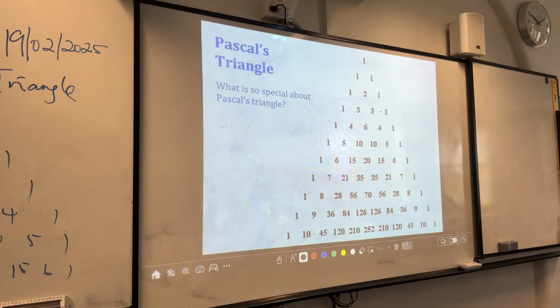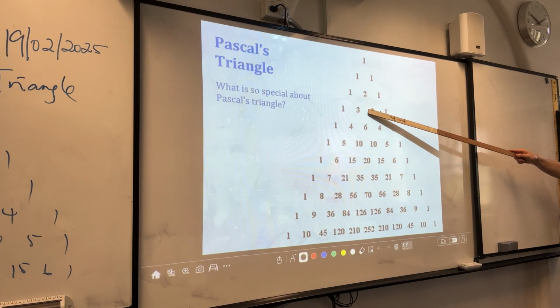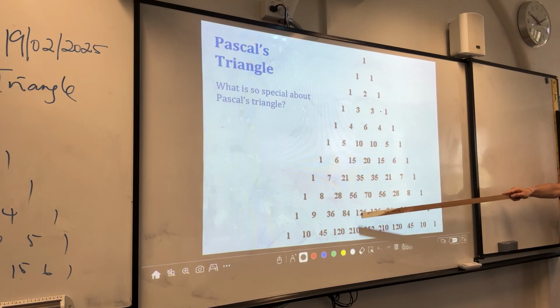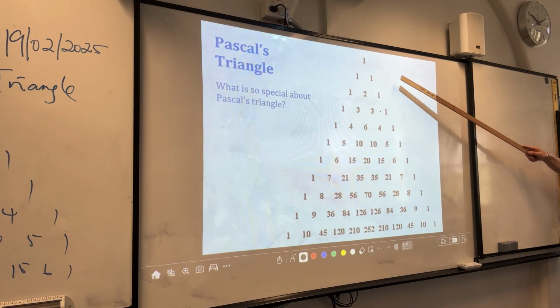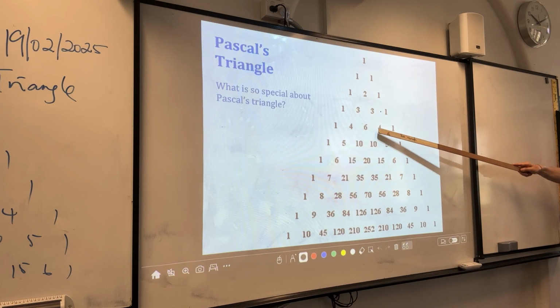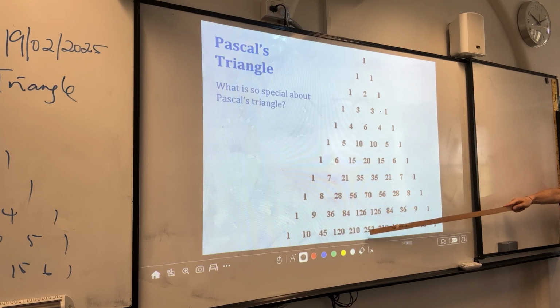So why is Pascal's Triangle so special? Look at the triangle there. Look at how it is set up. Row 0, row 1, 2, 3, 4, 5, 6, 7, 8, 9, 10. Start off with n equals 0, n equals 1, 2, 3, 4, 5, 6, 7, 8, 9, 10.